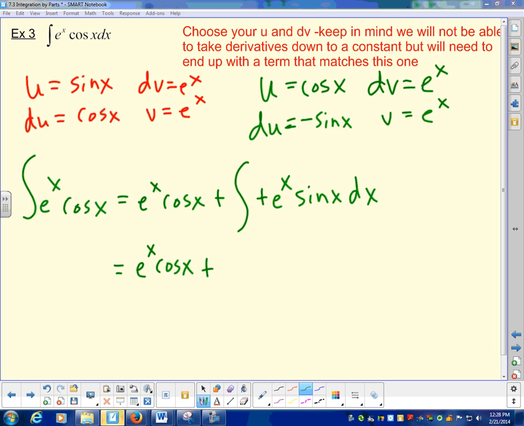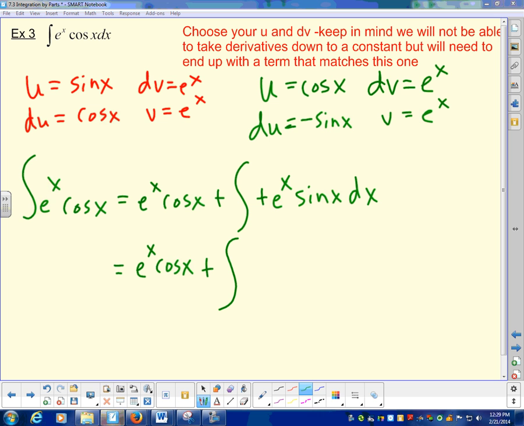All right, we can't use the tabular method. That's only going to work if it reduces down. So the tabular method is not going to work here. This is an example of a mixture of two transcendental functions. So we have plus the integral of e to the x sine of x dx.